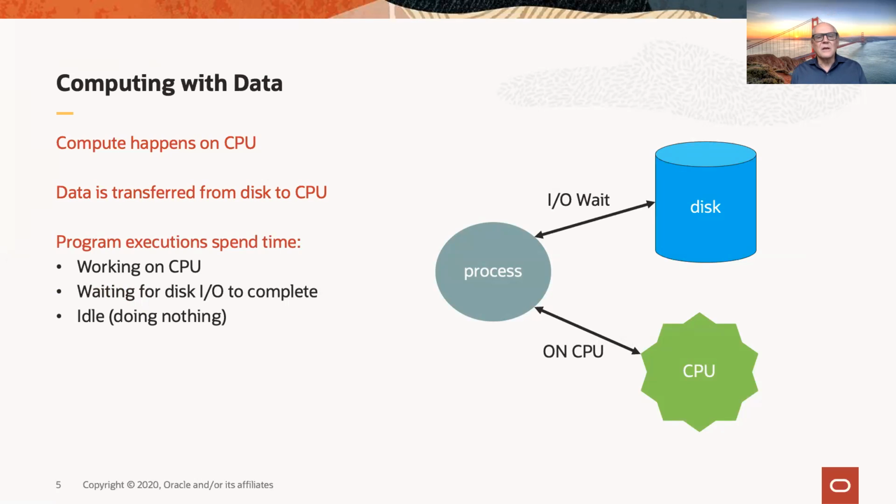So computation happens within the context of an operating system process executing some program instructions. Compute happens on the CPU, and data comes in and out from disk. And so the process is either working or waiting for data in order to work on that data, right? Or it's not doing anything. So those are the three states that we think about in terms of how the computation time breaks down.